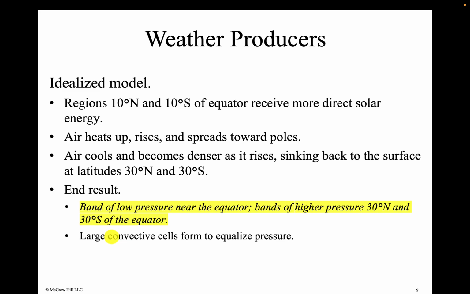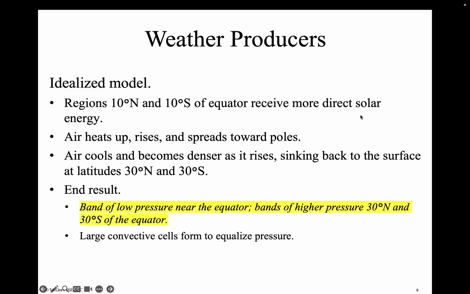So generally, what we discussed with the model is that those regions that are 10 degrees north or 10 degrees south of the equator will receive more direct solar energy.